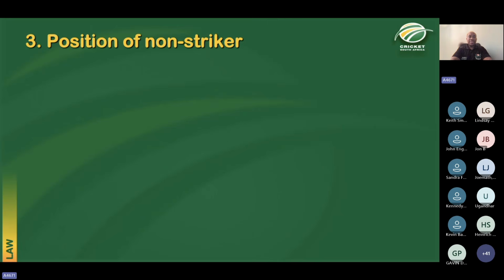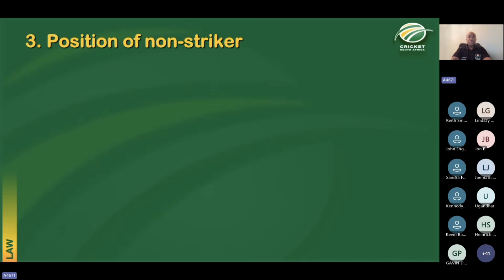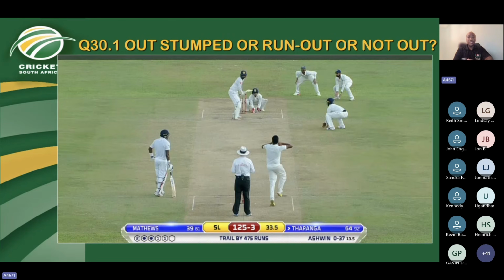Position of the non-striker. Law tells us that the non-striker, when standing at the bowler's end, should be positioned on the opposite side of the wicket to that from which the ball is being delivered, unless a request to do otherwise is granted by the umpire. So I'll just go back to this video.